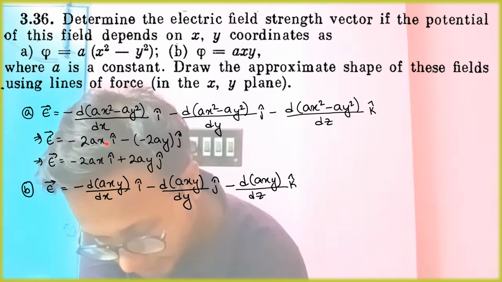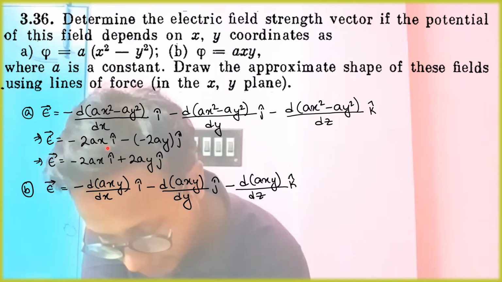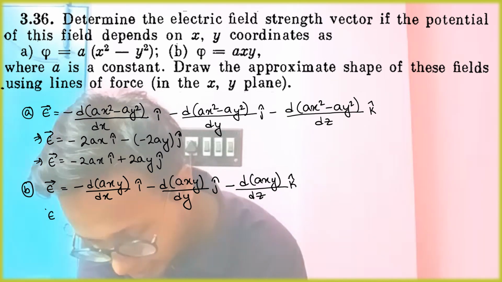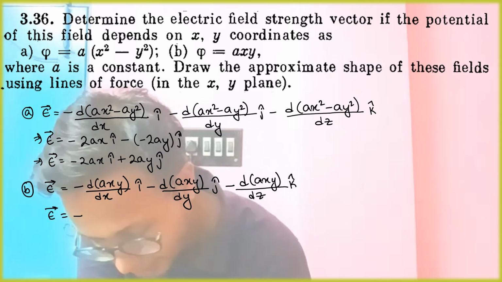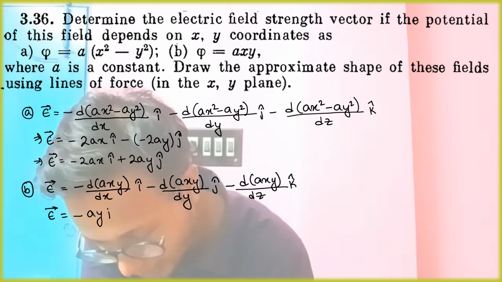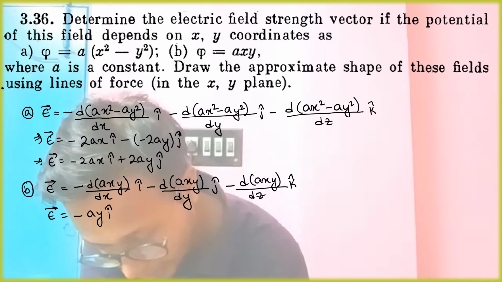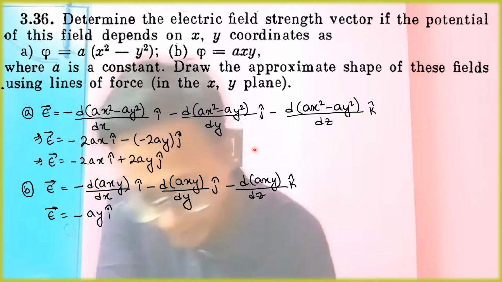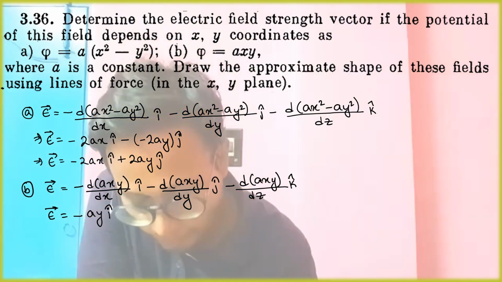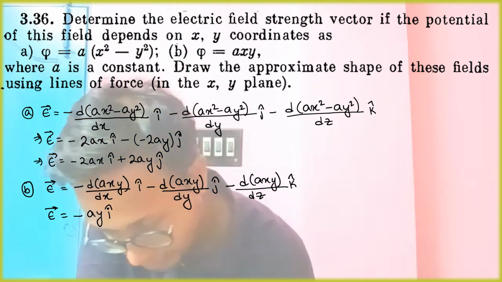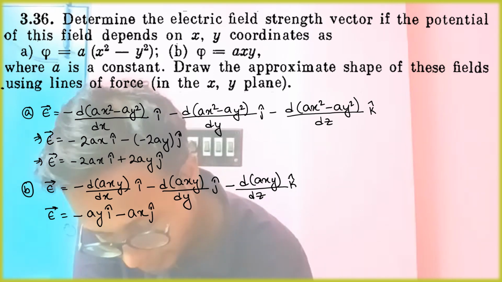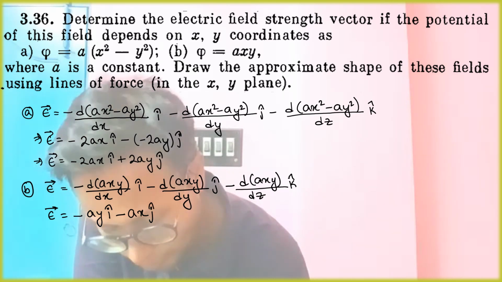If I differentiate this term treating x only as variable, everything other as constant, the electric field would be nothing but minus ay i cap, but y out here is constant, a is constant, and x and y are constant. So minus ax j cap minus 0, because there is no component of z out here.